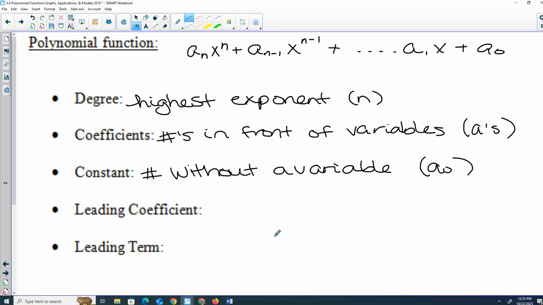What is my leading coefficient? We know coefficients are the numbers in front of variables. So it's the one that is with the highest power. So it's the coefficient of the term with the highest exponent.